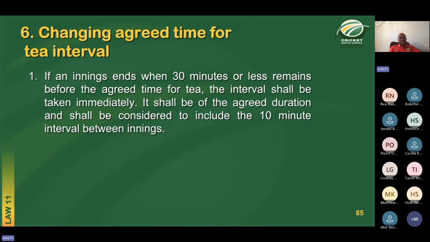Law tells us that because it's 30 minutes or less remaining before the scheduled time for tea, we take tea immediately. It will be of the agreed duration, so we take tea from 14:20 until 14:40, and India will start batting at 14:40. Why? Because the 10-minute change of innings interval was included in that 20-minute tea break.